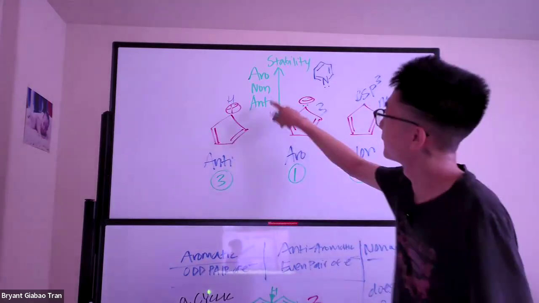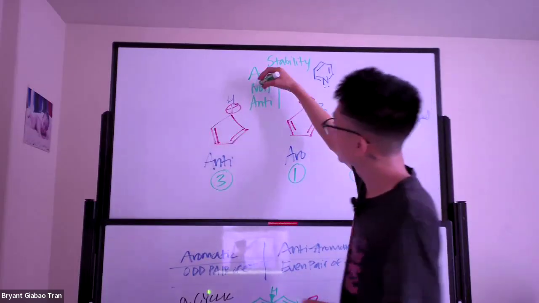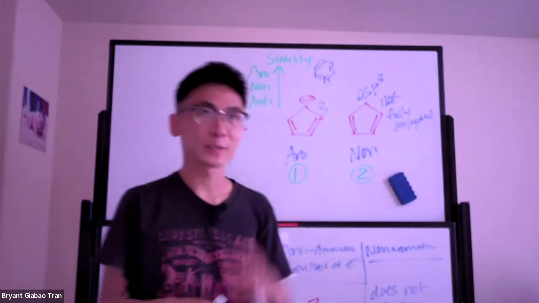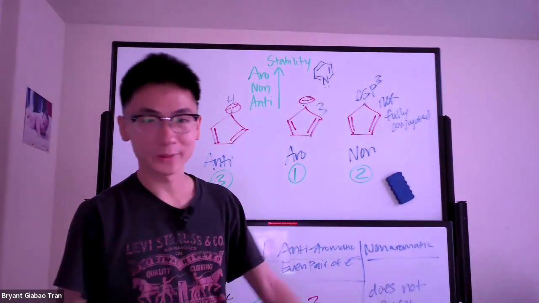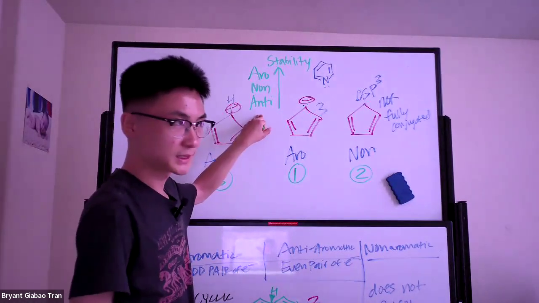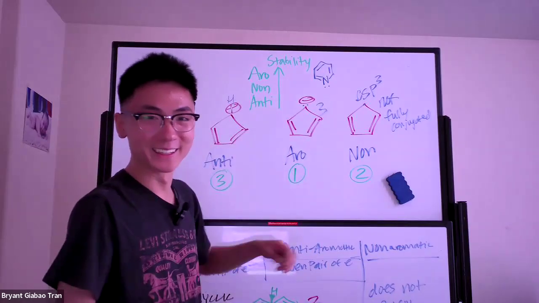What was the reason again? Why is non higher than anti? Non is higher than anti because this is more into molecular orbital theory, which I'm not too familiar with in OChem. It has to do with anti-orbitals and non-bonding orbitals, like that weird tree branch thing.